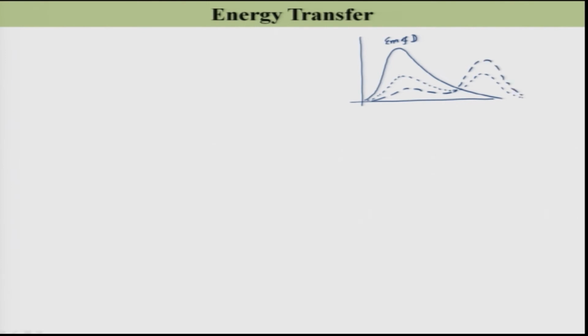Here the intensity will decrease and here the intensity will increase. If you monitor the fluorescence intensity at these two wavelengths, then with increasing acceptor concentration, that means the average distance between the donor and acceptor will change, you will get a reduction in the fluorescence intensity at this wavelength, and at this wavelength the fluorescence intensity will increase.